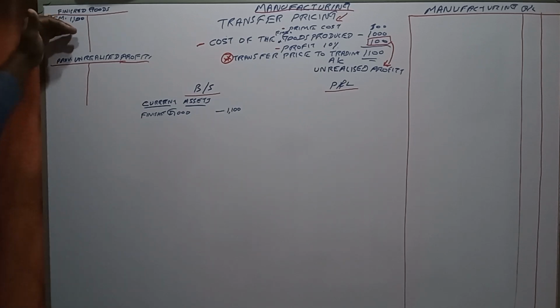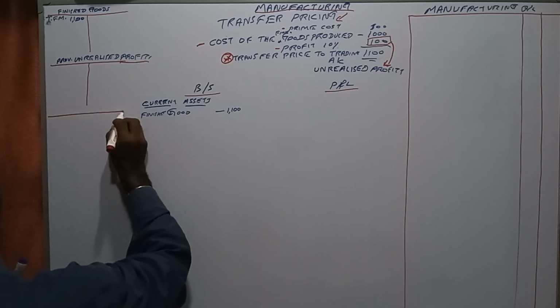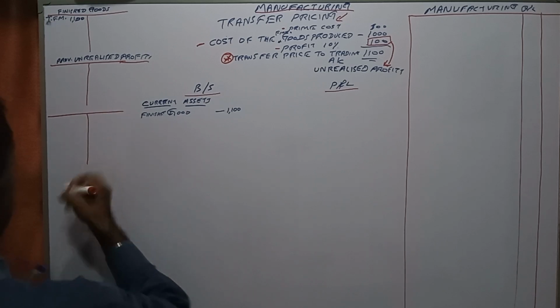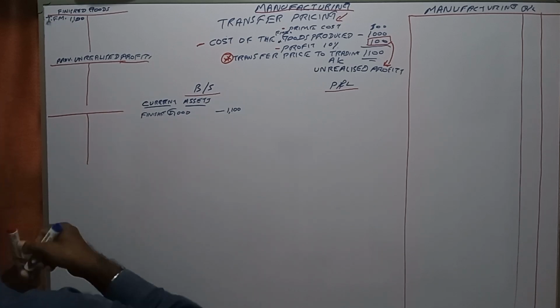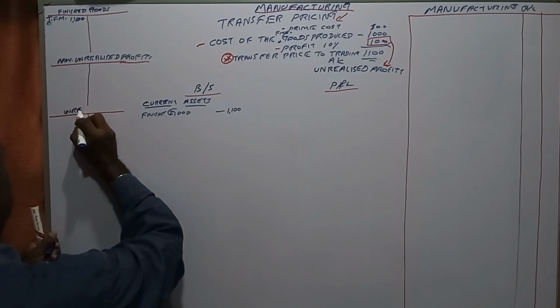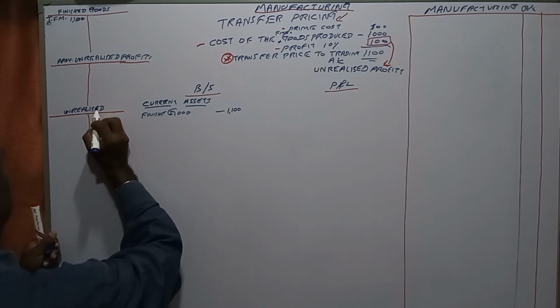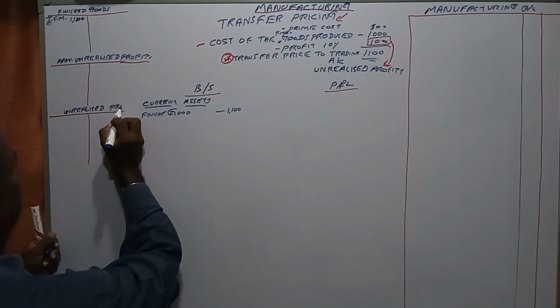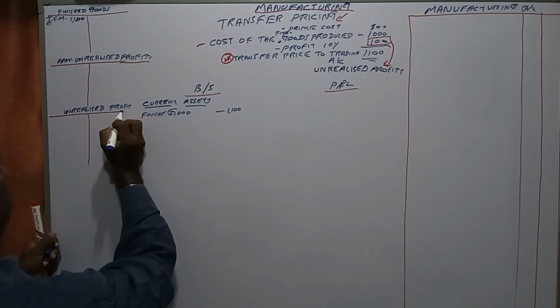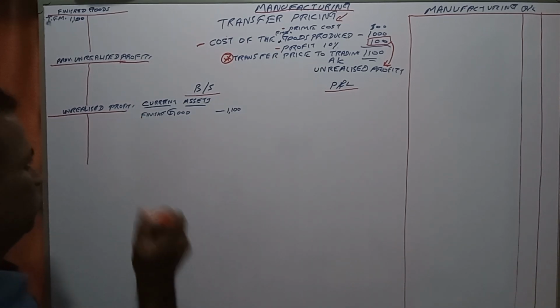So transfer is finished, and there are to another account, unrealized profit. Three T accounts you have to open.